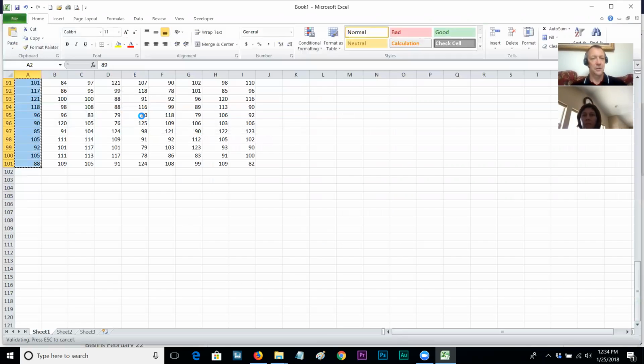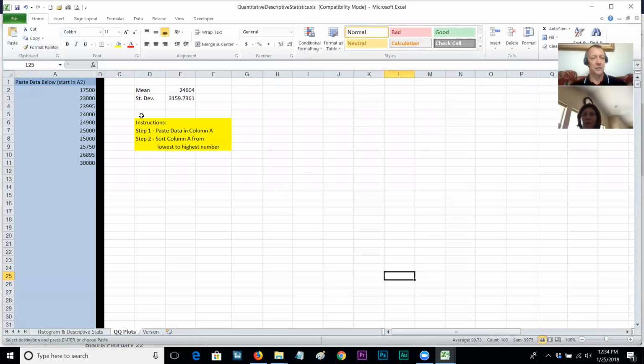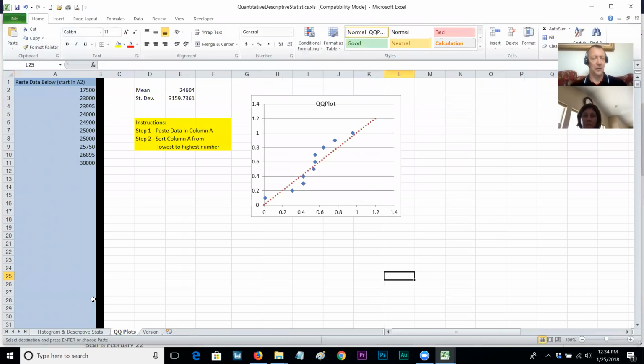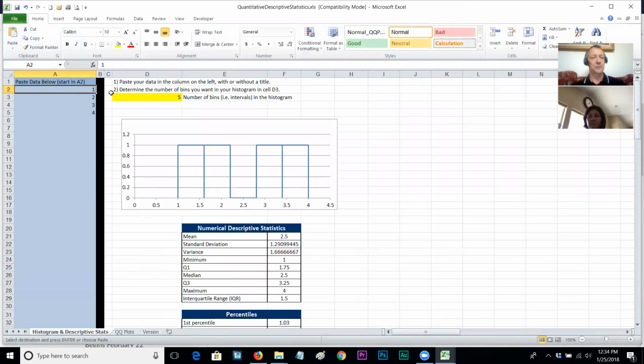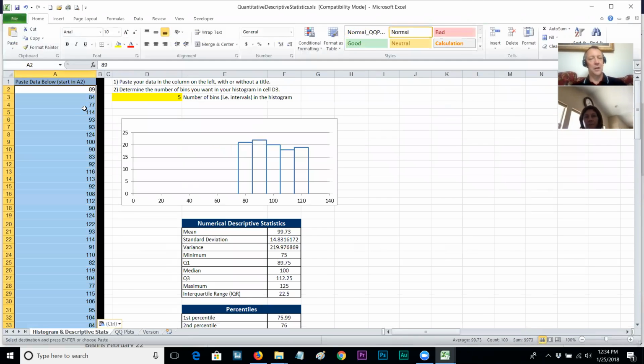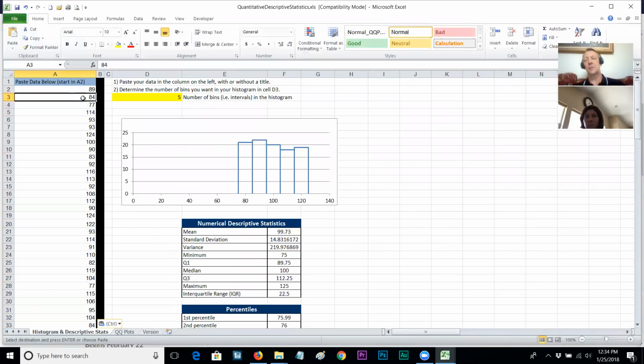Is it this one? I hope it is. Oh, it is. Histogram Maker. This is only 100 students, but the other columns should look the same.